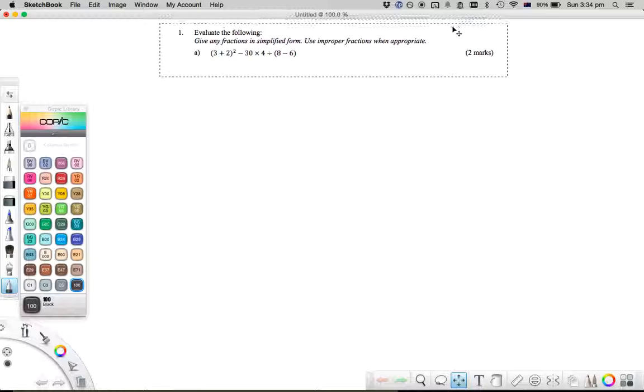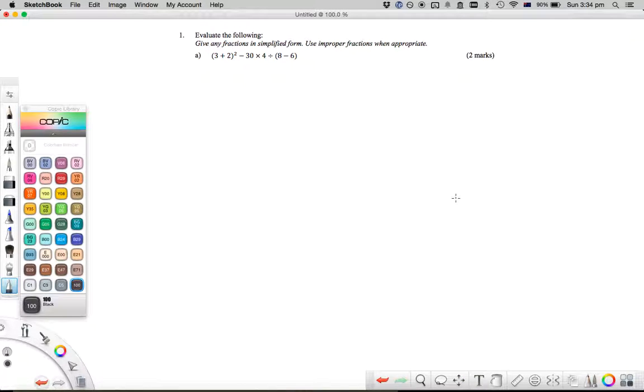Okay, and that was the following. People were taking this 3 plus 2 squared, and they were saying, okay, well that's the same as 3 squared plus 2 squared equals 9 plus 4 equals 11. But that's not actually correct.